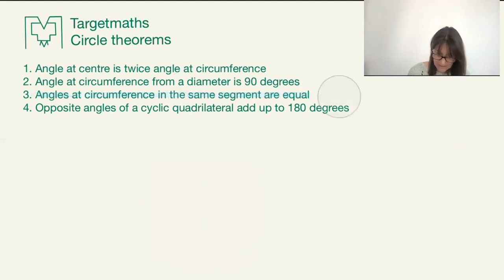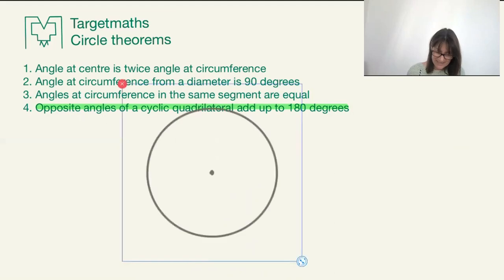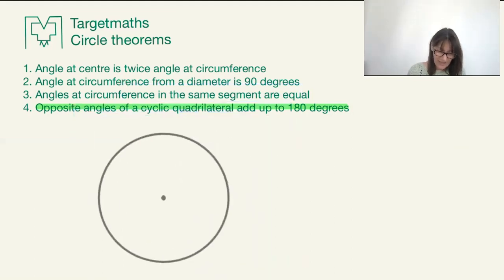Okay, let's have a look at the last one that we're going to be looking at. This one here is opposite angles of a cyclic quadrilateral. So big mouthful, add up to 180 degrees. So let's get a circle in. A cyclic quadrilateral is exactly what it sounds like, okay?